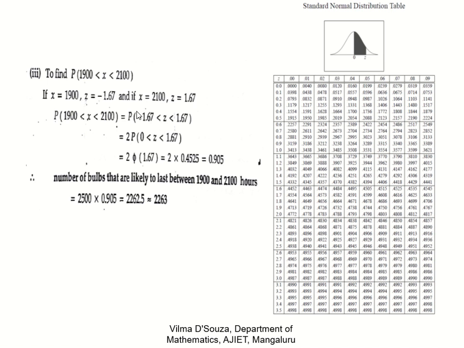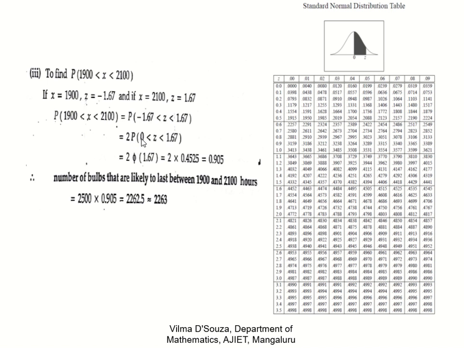Okay, this is very simple. So what is the probability of 1900 less than x less than 2100? That is equal to P of minus 1.67 less than z less than 1.67. Because of the symmetry, you can write it as 2 times P of 0 less than z less than 1.67.